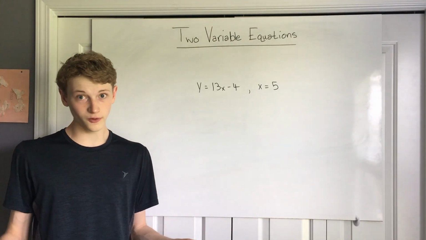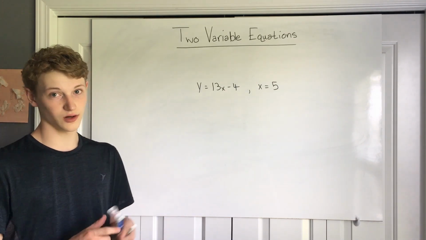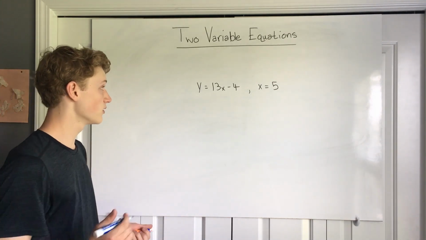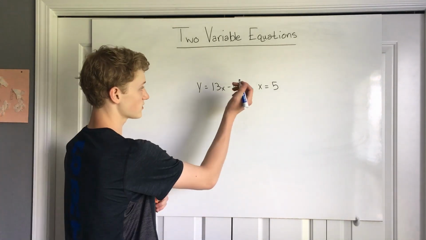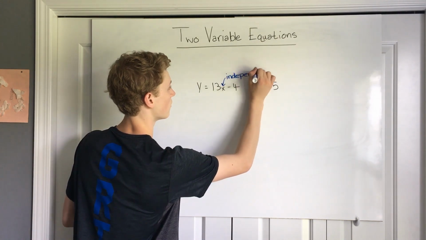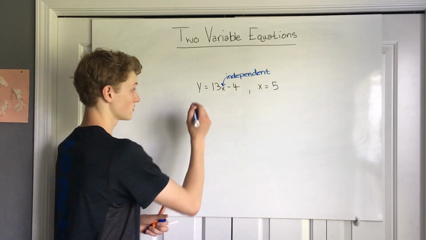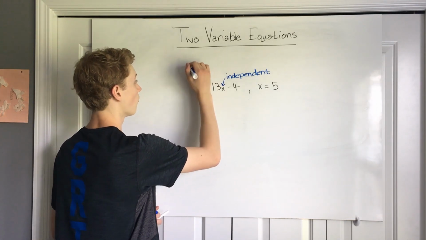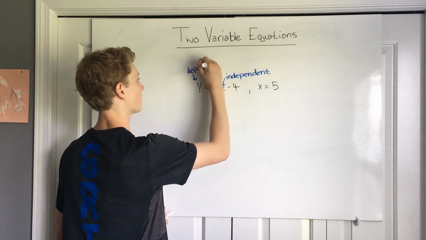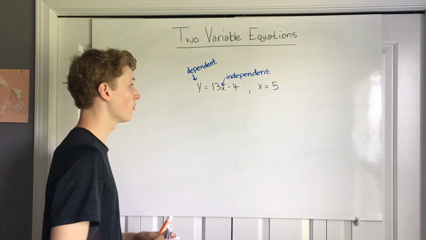So, in two variable equations, generally you have one variable that is your independent and one that is your dependent. So in this example, x is our independent variable. And our dependent variable, you guessed it, it's the only other variable, y. Now why is x our independent variable?